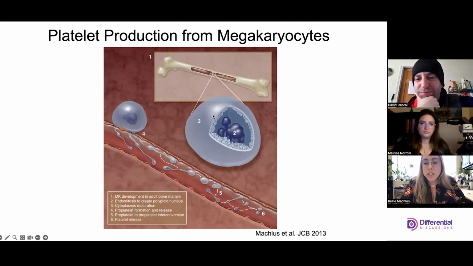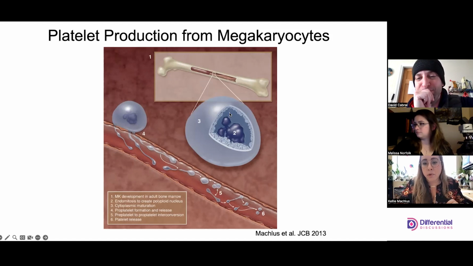Megakaryocytes are actually very, very rare. They're only 0.01% of bone marrow cells, but because they're so big, if you look at a marrow sample, you might think they're not as rare because they're very easily spotted. They can be up to 100 microns, though I think they're usually around 20 to 50.